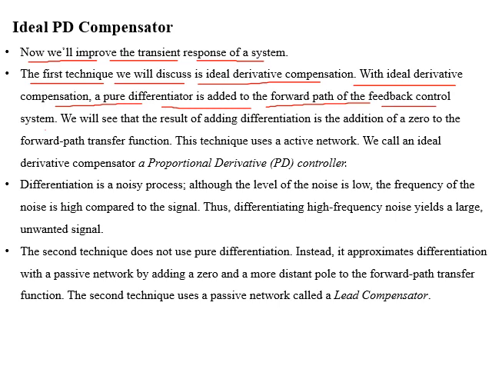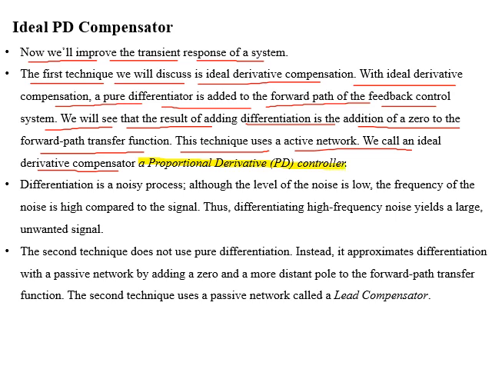We will see that the result of adding a differentiator is the addition of a 0 to the forward path transfer function. As this technique uses active network, we call an ideal derivative compensator a proportional derivative controller.